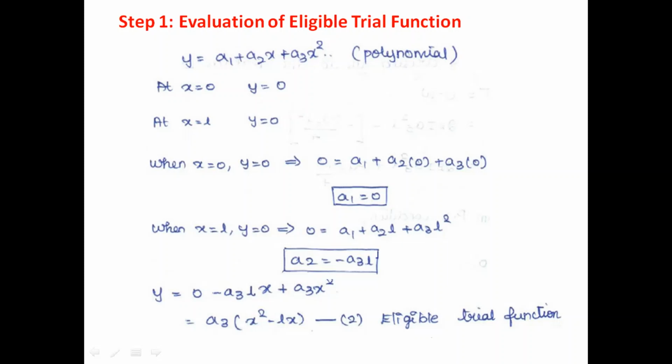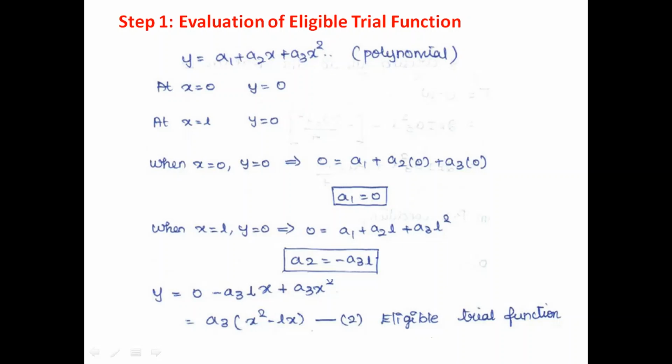By using the first boundary condition, x equal to 0, y equal to 0, we get a1 equal to 0. Then when we use the second boundary condition, x equal to L, y equal to 0, we get the relationship between a2 and a3: a2 is equal to minus a3L. Each boundary condition eliminates one unknown.